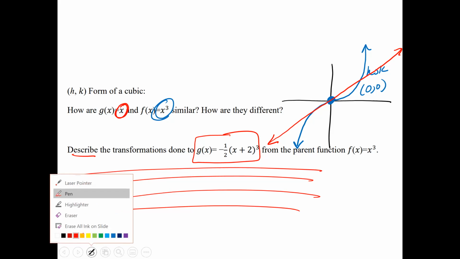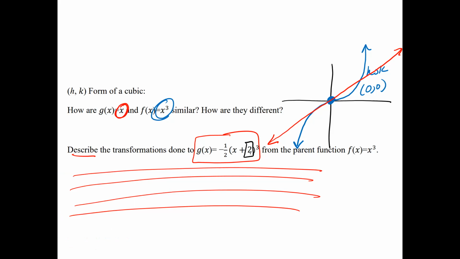Now, just based on what I see here, I could say that this 2 means that you're going to go 2 to the left. The 1/2 means that A is smaller than 1, so your graph is going to be wider. And because it's a negative, you're going to reflect about the y-axis.